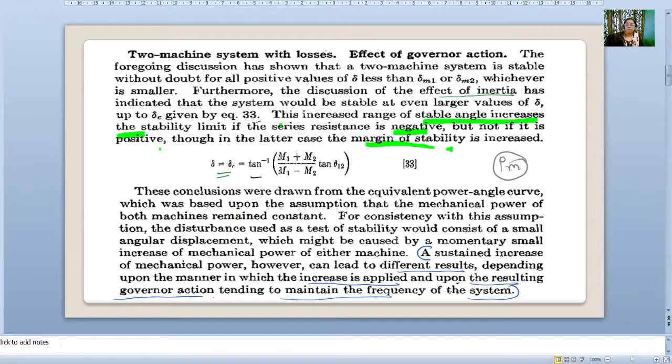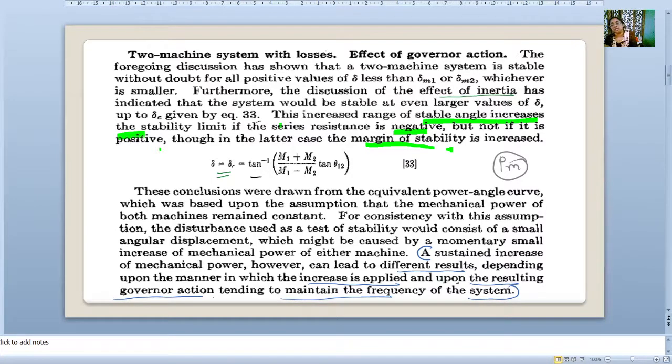If you apply load, then definitely the governor of that side will change. Here we are considering a group of generators and a group of motors, and both groups have governors. If I am considering the generator, it is not a simple generator; there is a group of generators, and they have their own governors.